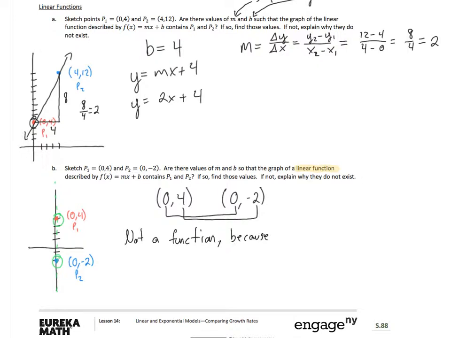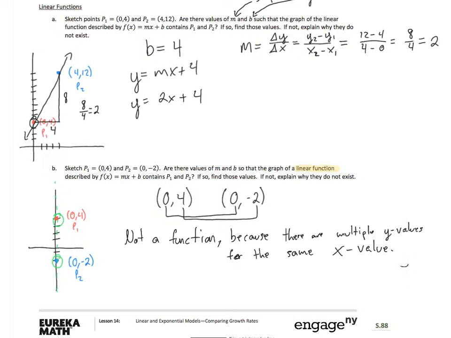We could say vertical line test, or we could put the algebraic one, because there are multiple y values, multiple outputs, for the same x value, which breaks a function.